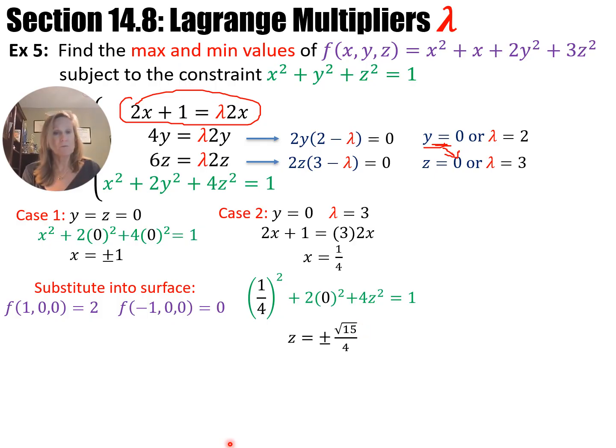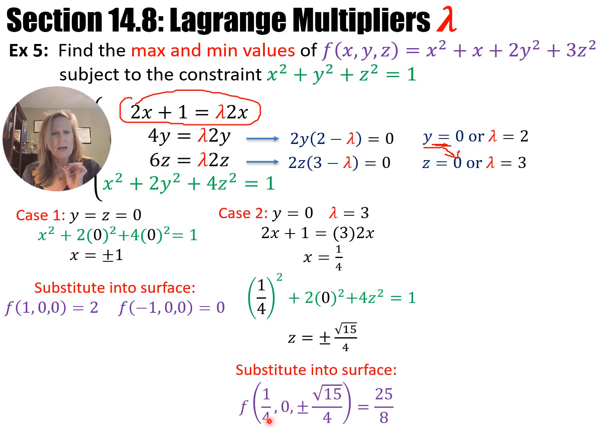All right, let's get this one out of the way. Plug in to the surface equation. Surface equation is our purple one. When x is a fourth, y is 0, and z is equal to plus or minus root 15 over 4. And I could do this at once because in my surface equation, I just have a z squared, not a z to the first or third or anything.